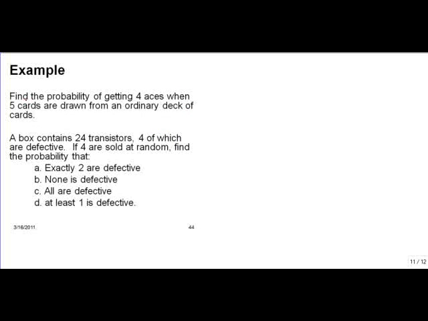It says, find the probability of getting 4 aces when 5 cards are drawn from an ordinary deck of cards. So we are going to use the formula that we learned back in chapter 4, that the probability of an event is equal to the number of ways that the event can occur divided by all possible outcomes.